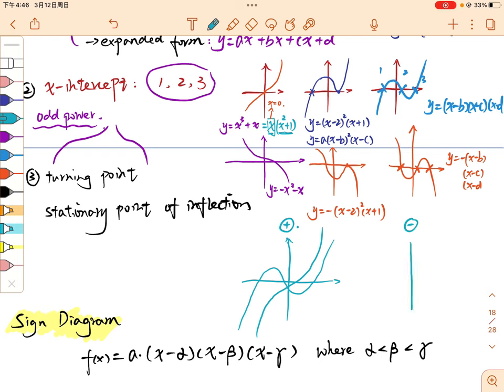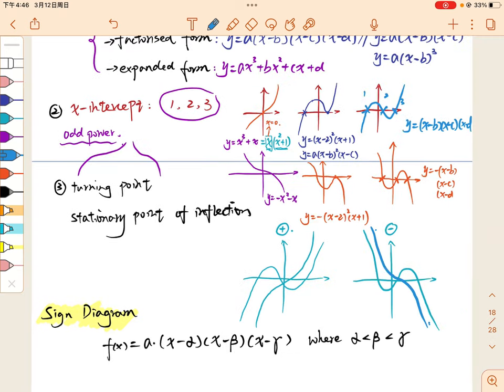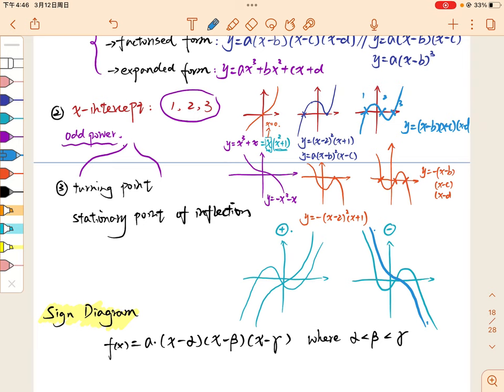If it's a negative function, your graph would go the other way, from positive into a negative direction. Okay, so that's our cubic function, the x-intercepts and the general shape of our cubic function.